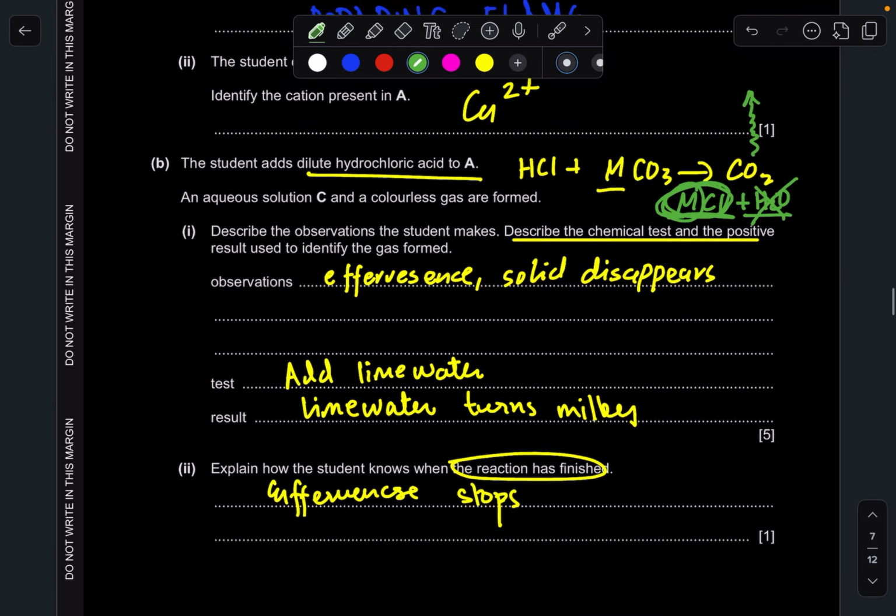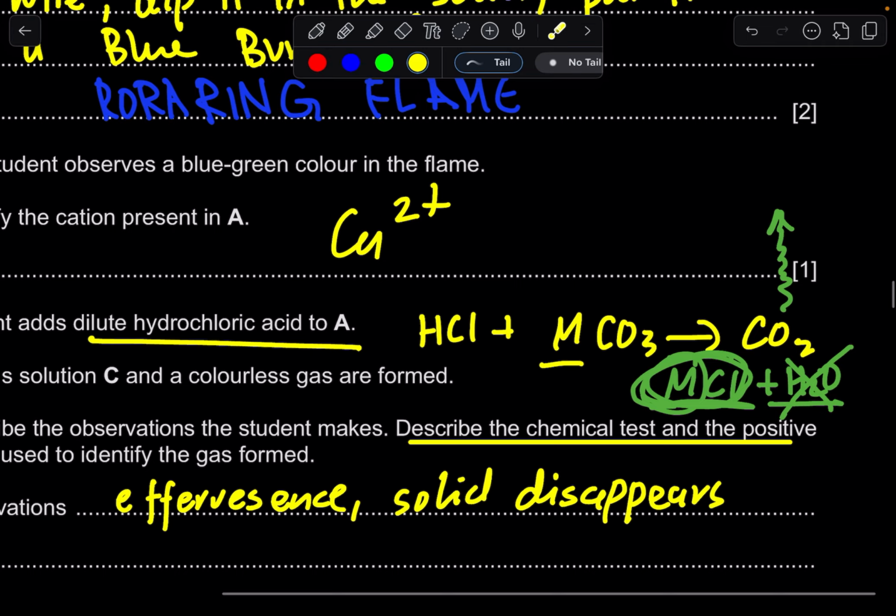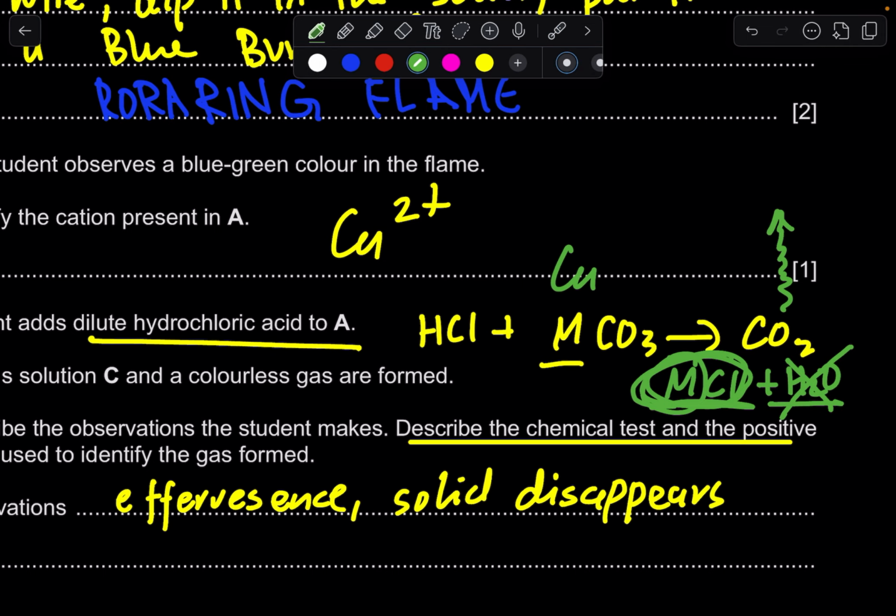So over here, look, one thing you need to realize is that in A we basically had a copper ion which we figured out. So don't you think this metal carbonate is gonna be your copper carbonate? It's gonna be CuCO3. I think it's gonna be like this.